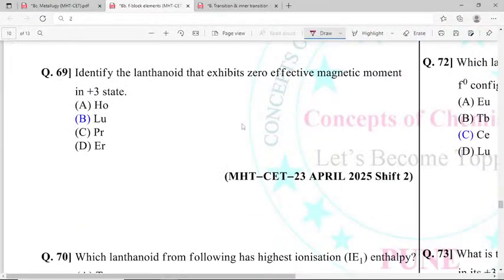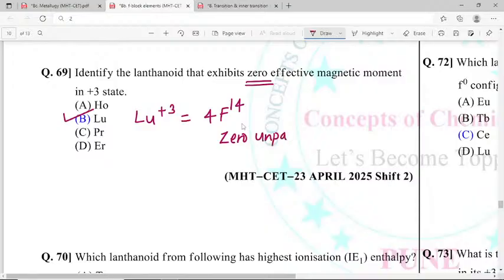Identify the lanthanide that exhibits zero effective magnetic moment: plus 3 lutetium. Why? Lutetium plus 3 is 4f14, with 0 unpaired electrons, so it is diamagnetic.